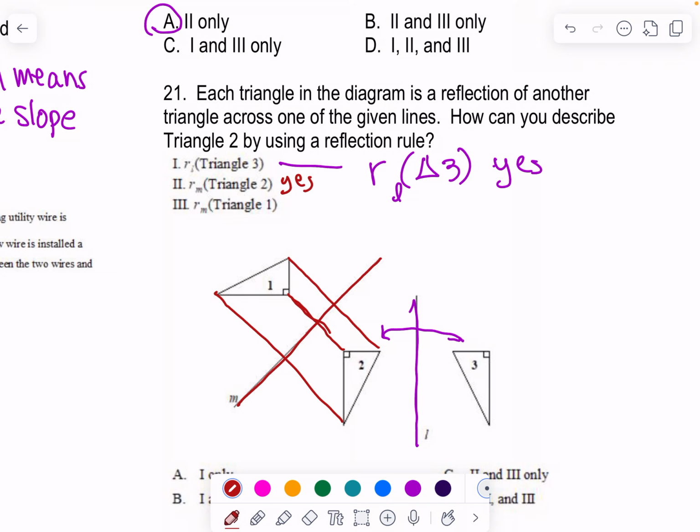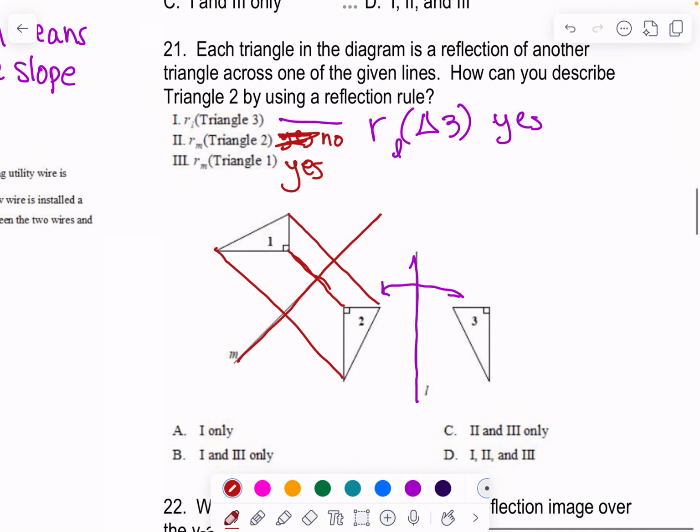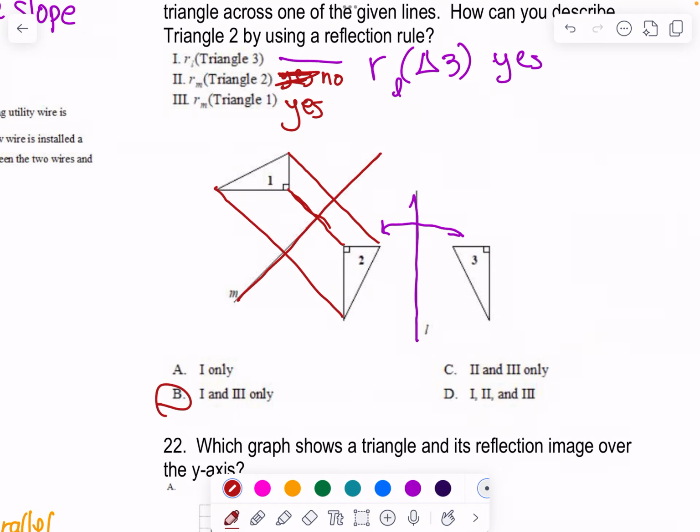Oh no, you can't do that. So not that one. It is triangle 1 though. You can't reflect something over a line and get itself. So it'd have to be 1 and 3. 1 and 3 only.